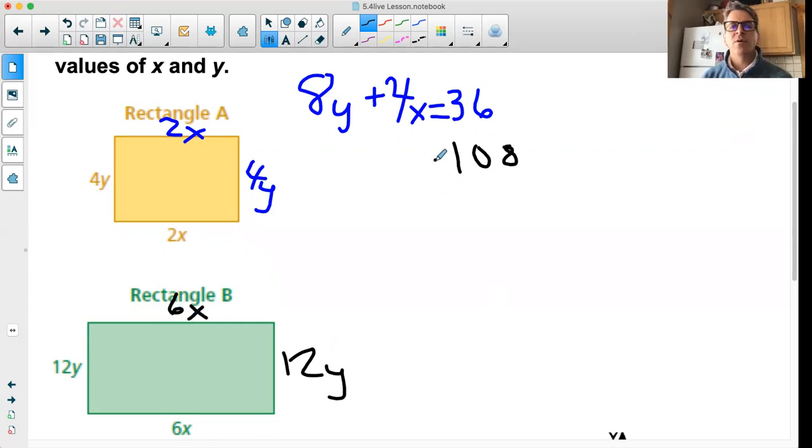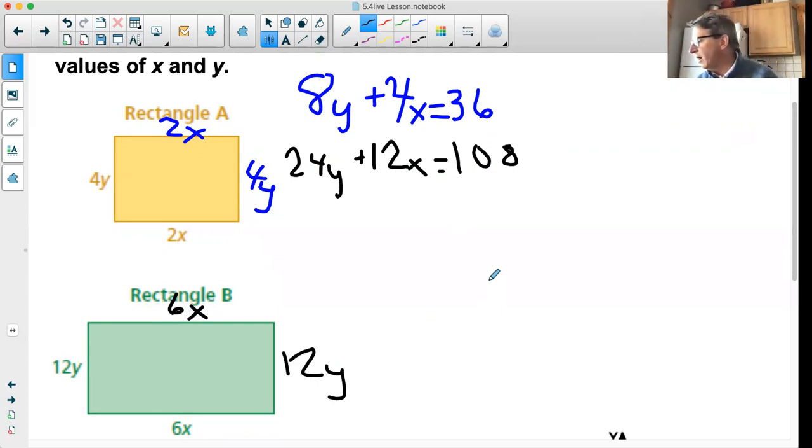So the perimeter, according to the information here, we have 12 plus 12 would be 24y plus 6 plus 6 is 12x, combining your like terms. So there's our two equations from the information on example 2.